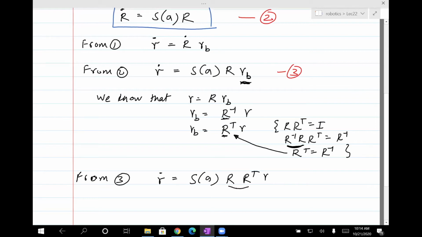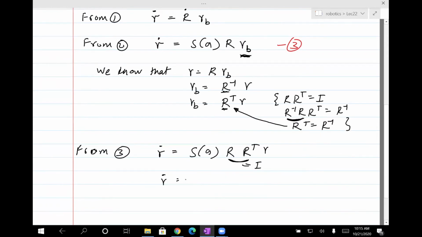But R transpose R is the same as identity. This is the identity matrix. So effectively we have r dot equals S of A times r. What this does is it simplifies the formula from being R dot to S of A.